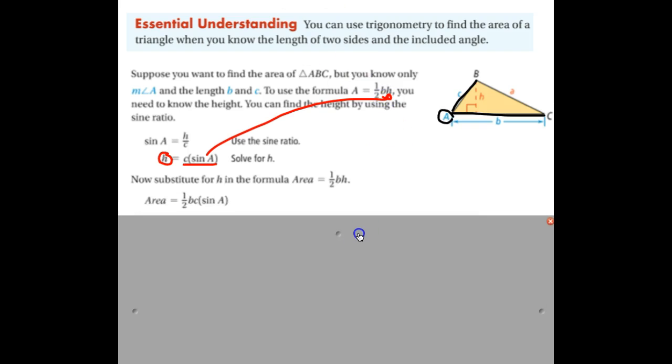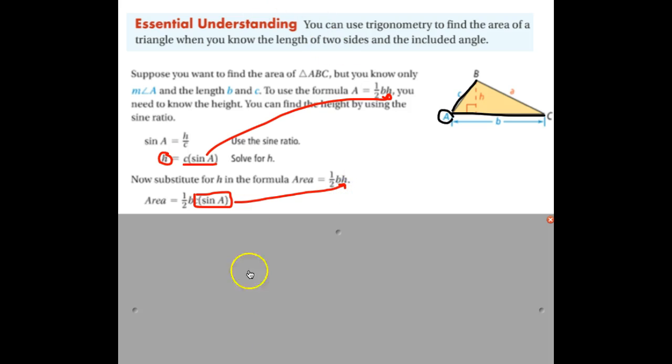We multiply both sides by c, and we get that the height is c times sine of A. Then we can take this c sine of A, which is another way to write the height, and plug it in for the height in our area formula. And so we get this new area formula. 1/2 base times height turns into 1/2 b c sine of A, because this c sine of A right here is actually the height of our triangle.